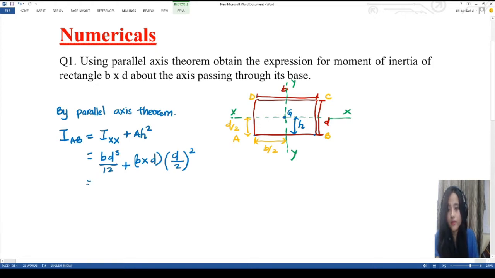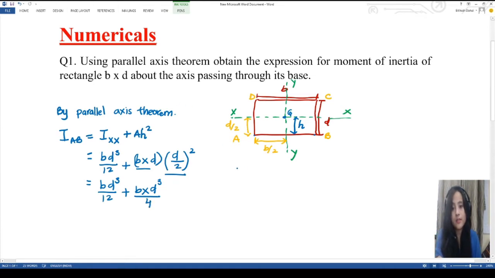Now let us further simplify this one. It will be BD cube by 12 plus, if I multiply this with this, I get B into D square. So that will be BD cube divided by 2 square, which is 4.